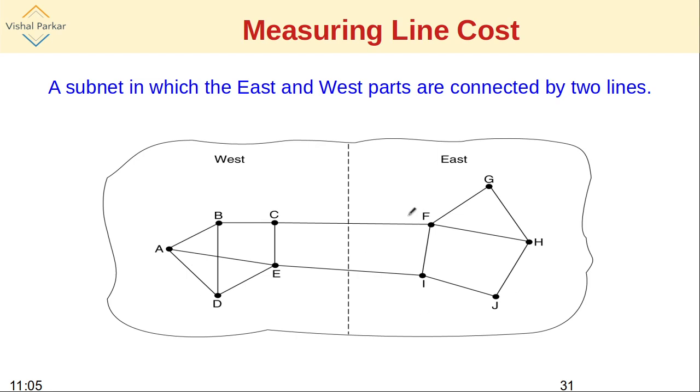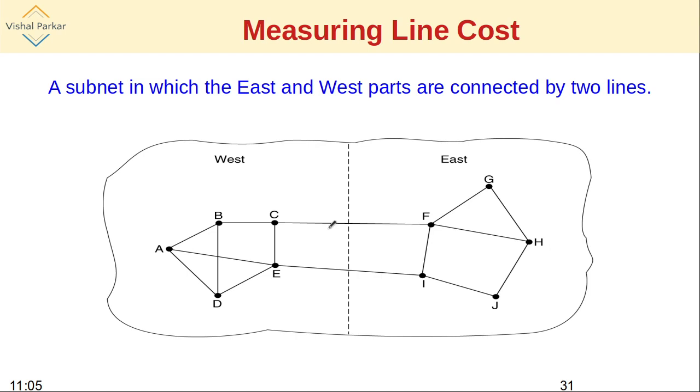One is CF and the second is EI. One part of the network subnet is in the east direction, and one is obviously in the west direction. So CF is one line and EI is the second line, which are connecting the two parts, east and west.